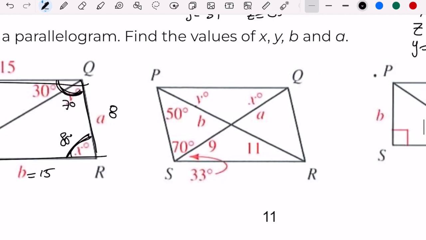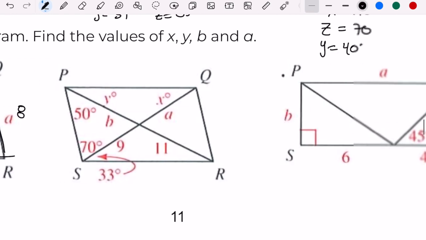Lovely. Now, look, if this measures 9, this also measures 9, because diagonals bisect. If this measures 11, then this one also measures 11. If this measures 33, then this measures 33, because alternate interior angles are congruent. Then what else are they asking us for?